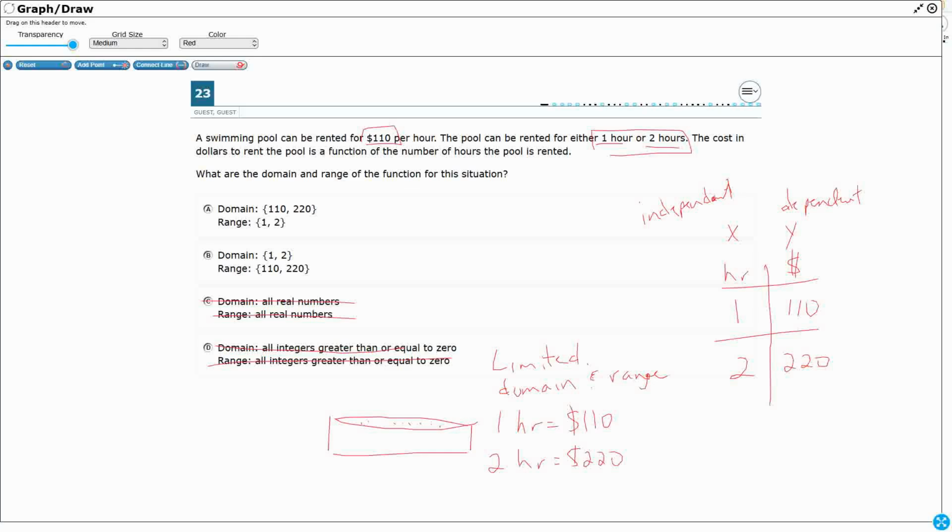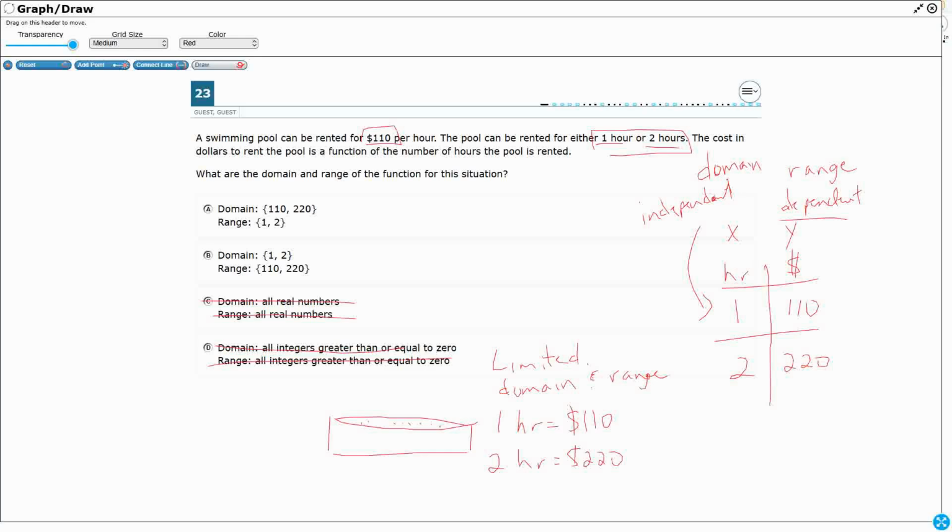Or do you walk in and say, I want to rent this for 1 hour or 2 hours? How much does that cost? Well, you start with the 1 hour or the 2 hour. Okay, that's the independent variable. What you get charged is dependent upon the independent variable, how many hours you want to do it for. So I'm thinking it's going to be the x and the y, which means this is going to be our domain, and this is going to be our range.